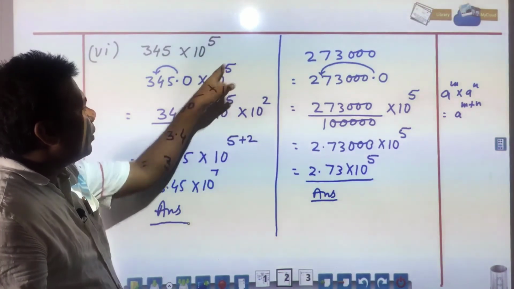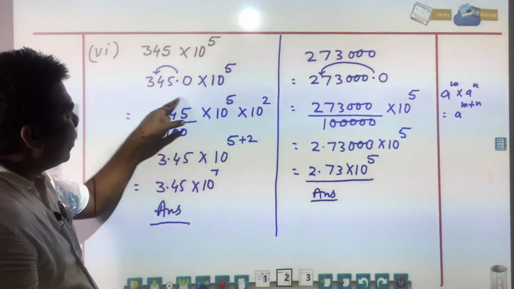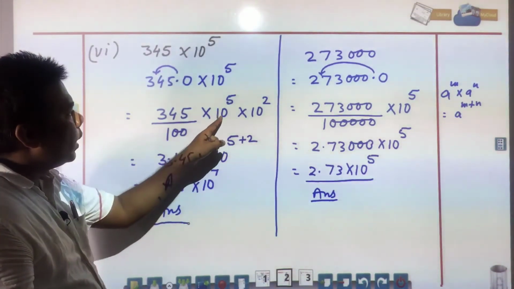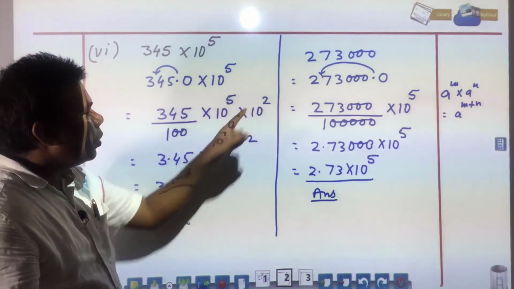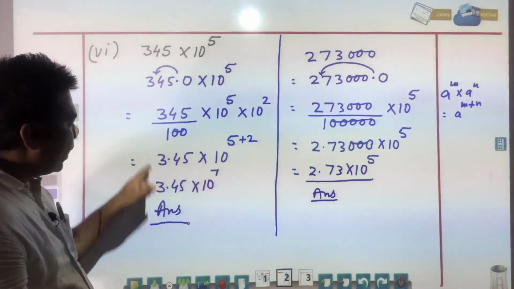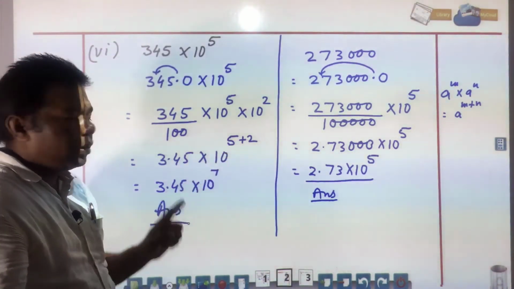This 10 to the power 5 you already have. Now you have converted this into decimal and got 3.45 into 10 to the power 5 into 10 to the power 2, written as 10 to the power 5 plus 2, and finally you got 3.45 into 10 to the power 7.